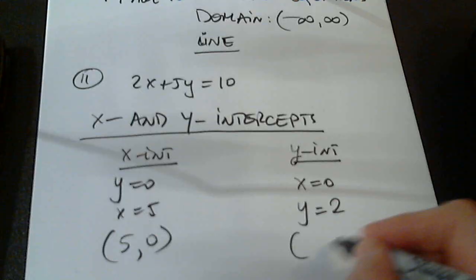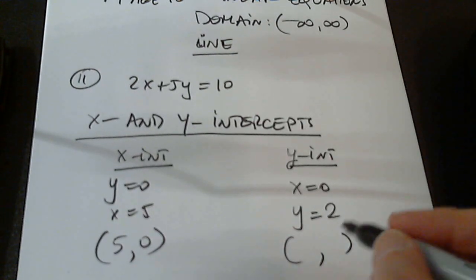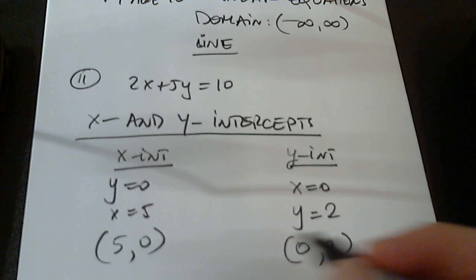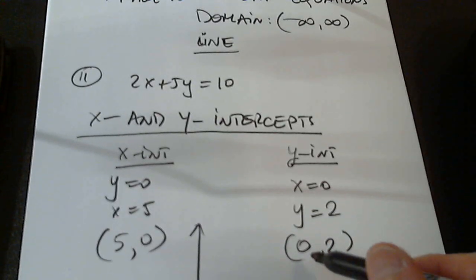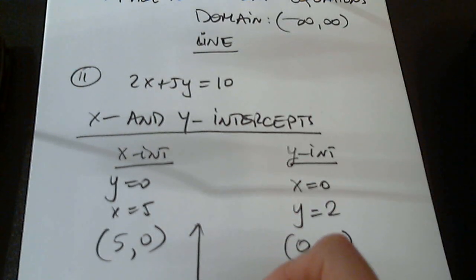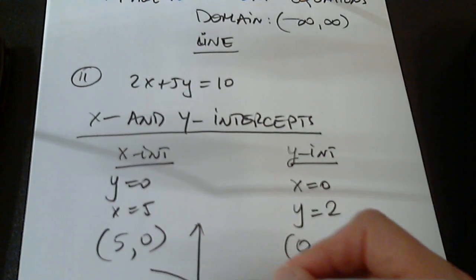Exactly. Can anyone give us the ordered pair that we need to plot? 0, 2. Excellent. So all I have to do is just plot 0, 2, 1, 2, plot 5, 0, 1, 2, 3, 4, 5, 0, connect and extend, and that's it.